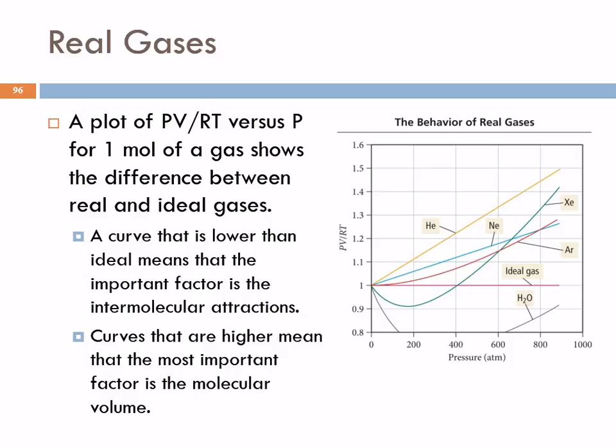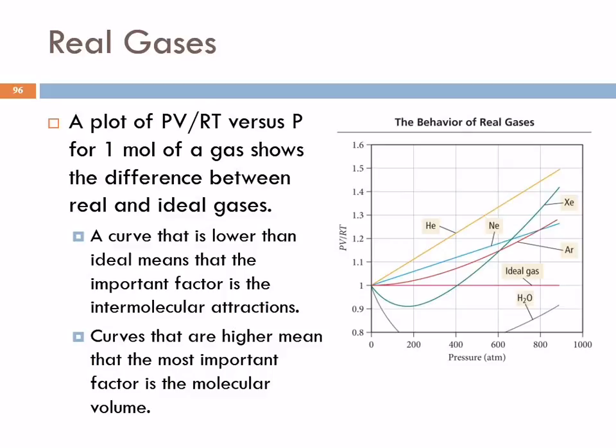If we plot PV over RT for 1 mole of gas, the ideal gas law predicts that PV over RT will be 1. But what we see for real gases is that for some of them, it's higher, and for some, it's lower. The curve being lower than ideal means that the most important factor is the intermolecular attractions.